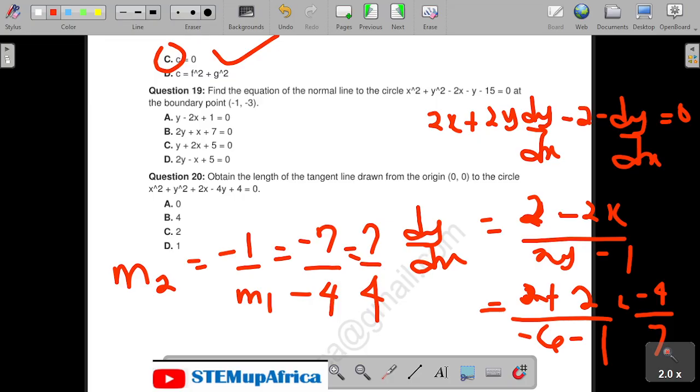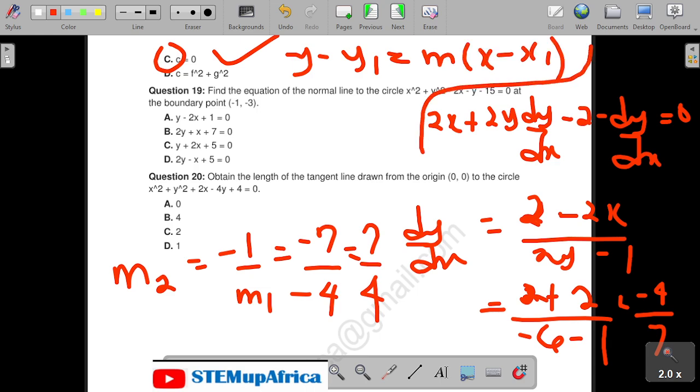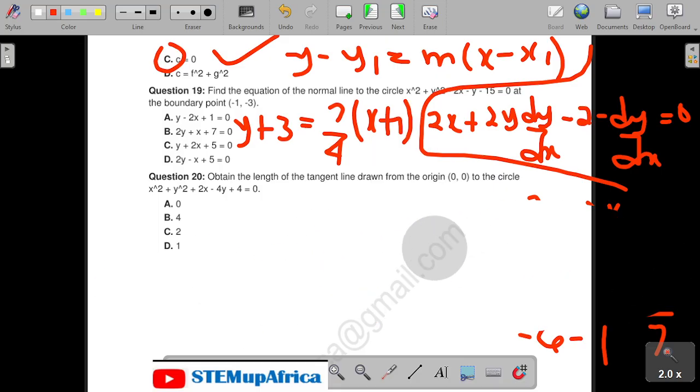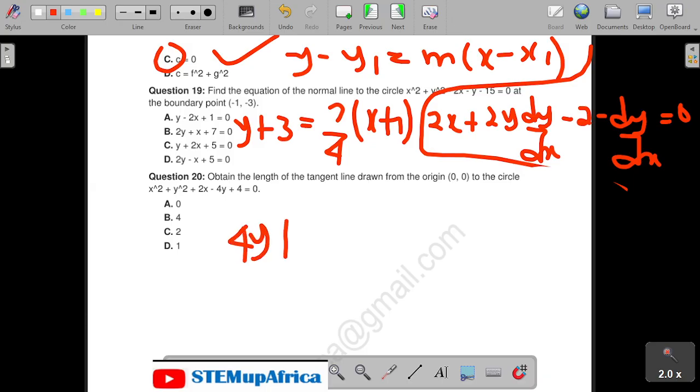With that, I can simplify the equation now. y minus y1 equals m into (x minus x1). I'm having y plus 3 equals 7 over 4 into (x plus 1). If I simplify by cross multiplying, I'm going to have 4y plus 12 equals 7x plus 7.